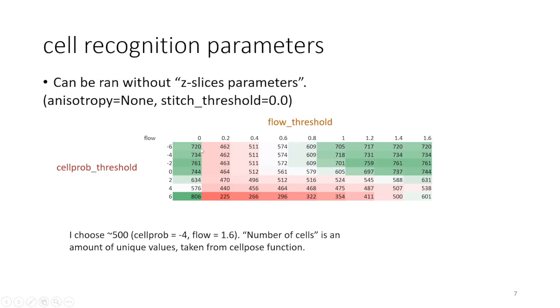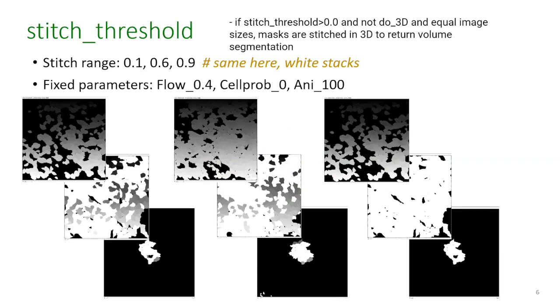These numbers are the number of cells, or in Python, the amount of unique values. So it's kind of cells, but on the image it can also be blank cells that are counted. They're not stitched through the stack, but they are counted.